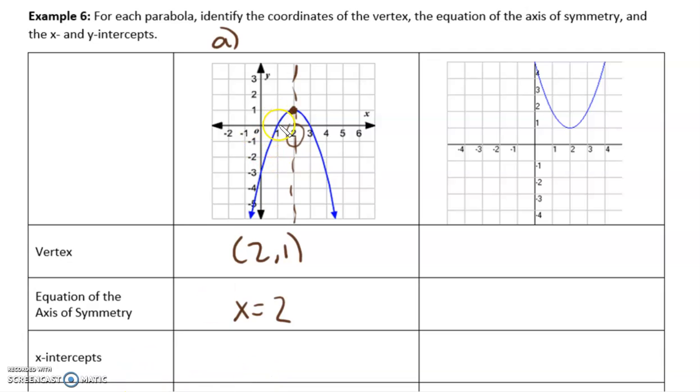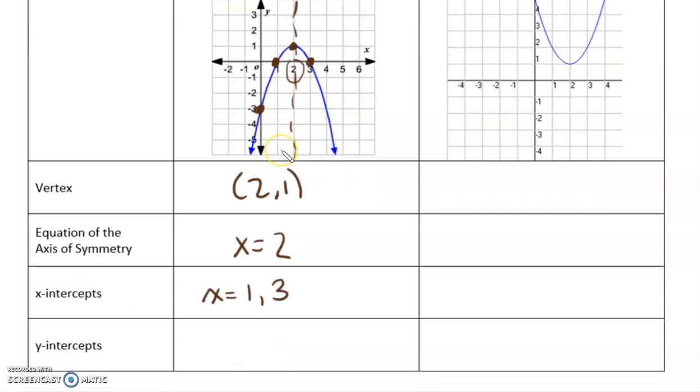Okay, the x-intercepts are 1 and 3, so we can say x equals 1, 3. And the y-intercept occurs here. We can call this 0, -3. Right? Another way of writing x-intercepts would be 1, 0 and 3, 0.